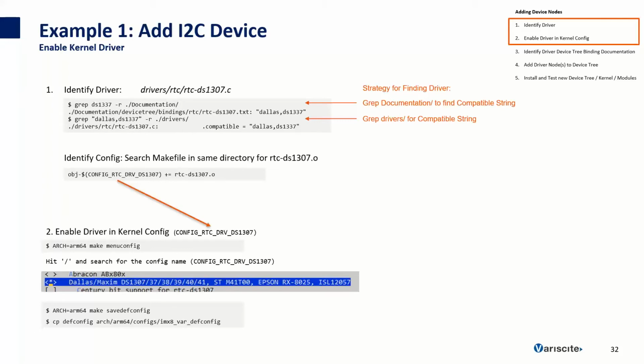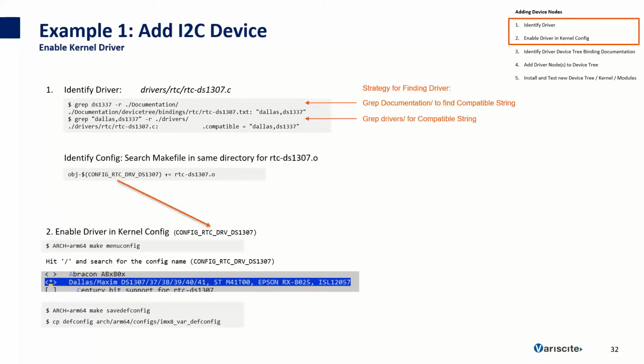When we do that, we find a documentation file with a compatible string of Dallas, DS1337. And then to find the driver for this, we can use the compatible string to search the drivers directory. So here we grep the drivers folder for Dallas, 1337, and we find a device driver called rtc-ds1307.c.